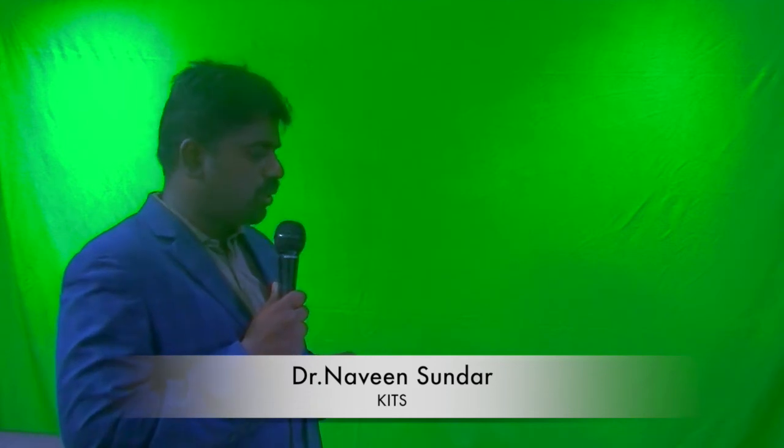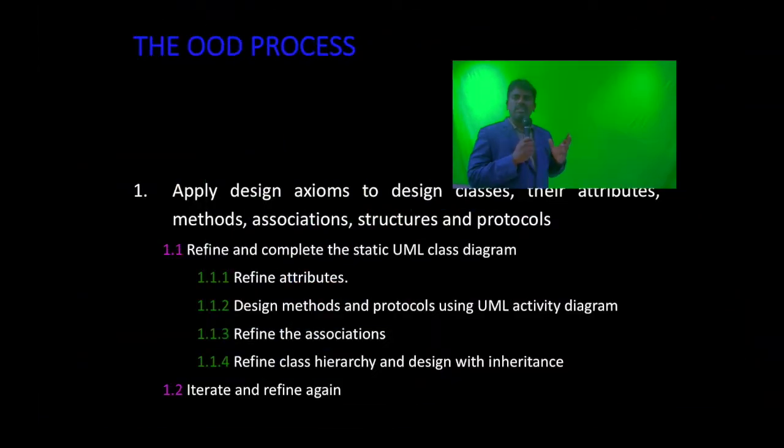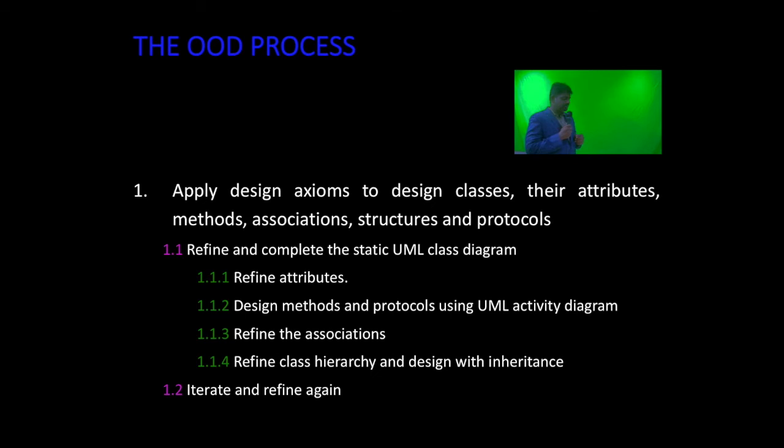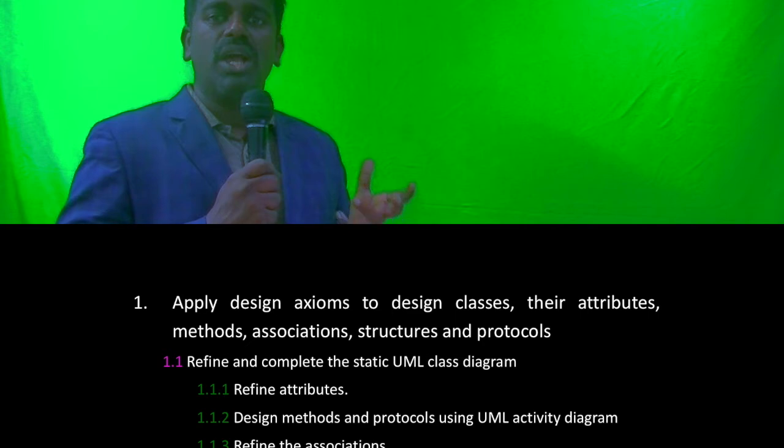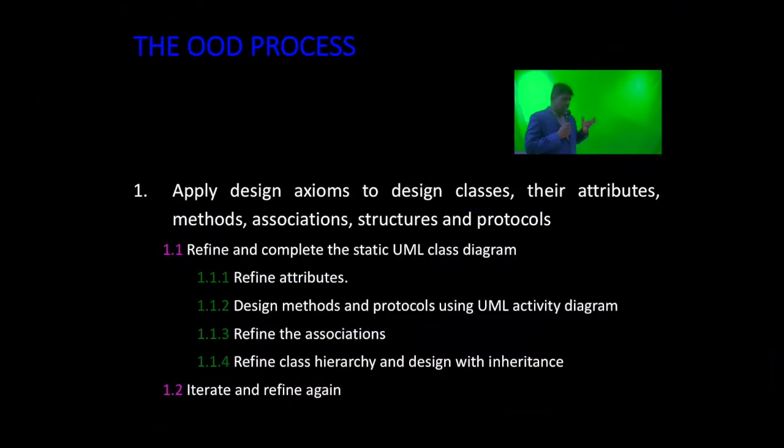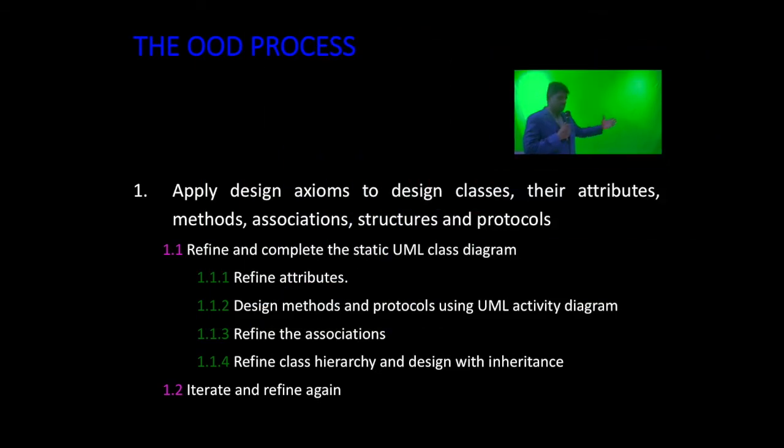When we see the OOD process, the main thing we are going to see is how we apply the design axioms. That is, the rules we use to design the classes, their attributes, methods, association structures, and protocols.